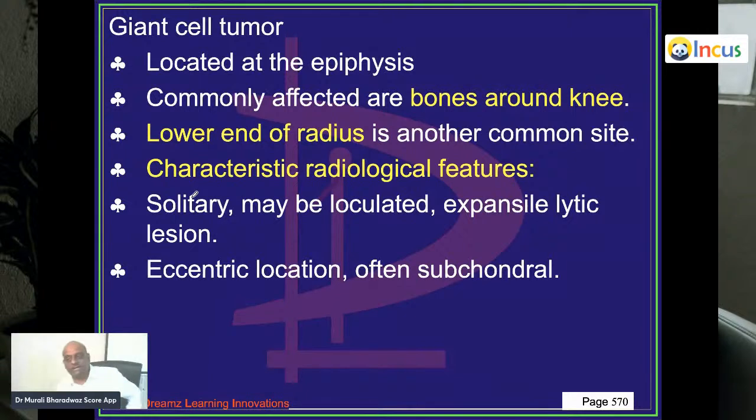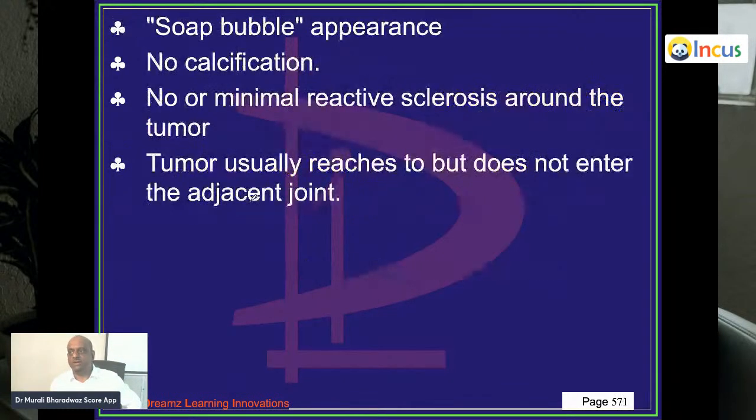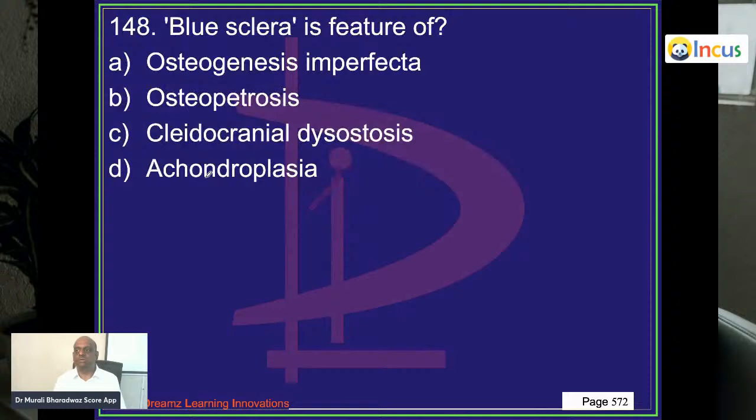So it is an epiphysis, bones around the knee, lower end of the radius, and that soap bubble appearance. They're all the classical features. There is no calcification unlike chondrosarcoma. No reactive sclerosis around the tumor. Tumor usually reaches to but does not enter the adjacent bone.